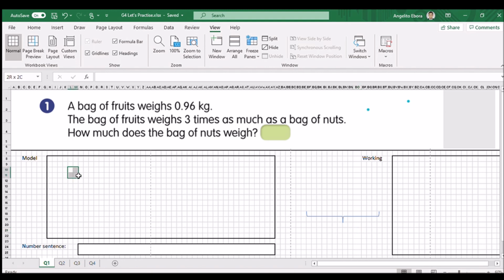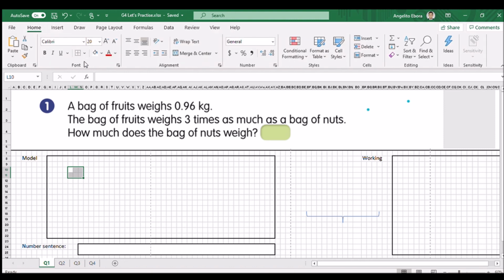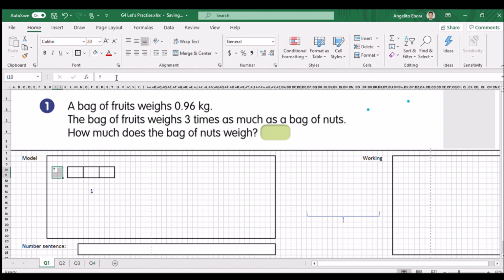So let us draw a model showing that this one is 3 times. So one, we just copy this, 2, 3. The bag of fruits is 3 times, so I'll label this as F, for me to know that this one is for fruits.